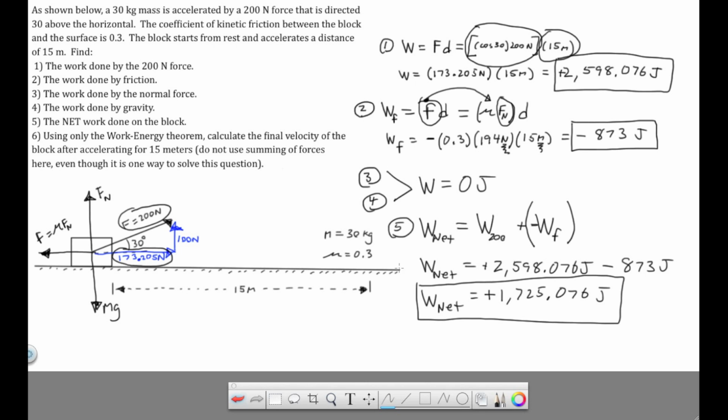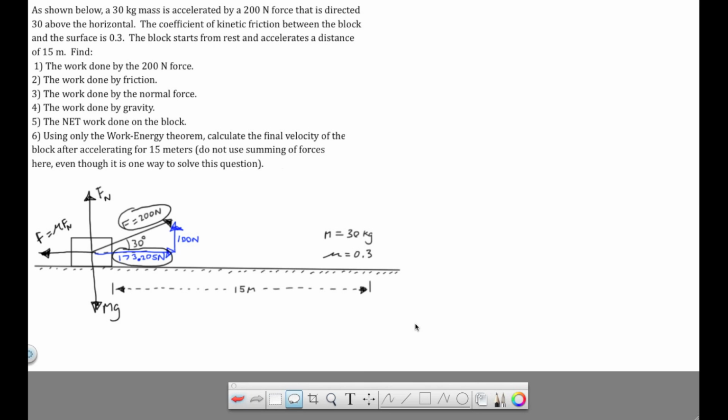Using the work energy theorem. Now the work energy theorem talks about net work. I'm going to erase all this. So the work energy theorem says that the net work done will always be equal to the change in the kinetic energy.